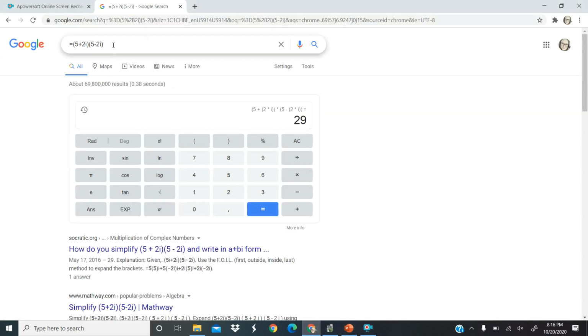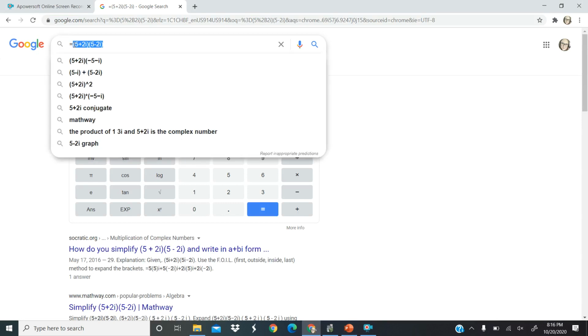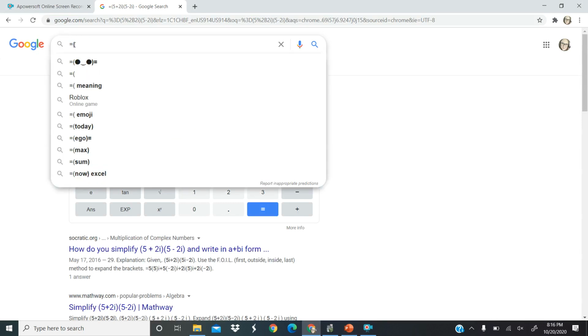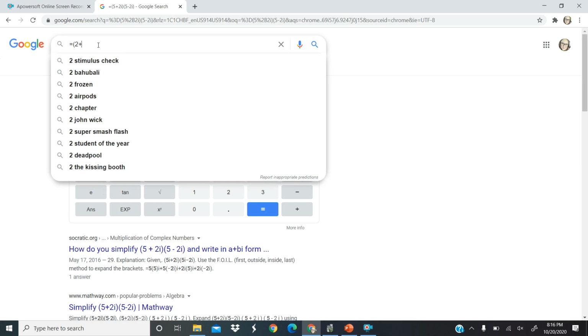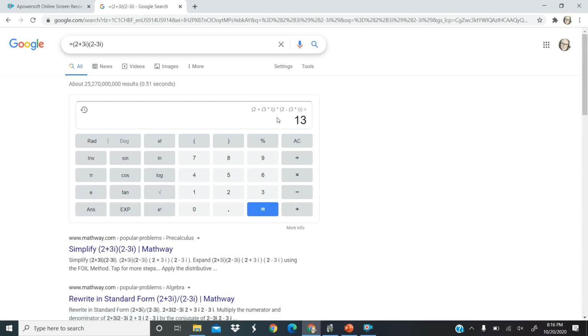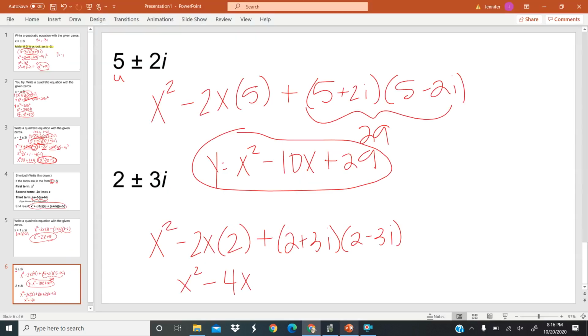I'm just going to come here and type that in. Apparently there's a smiley face if you just type equals and start looking there. But anyway, 2 plus 3i and 2 minus 3i, and that's going to give you 13. So I'll come back here and just put plus 13.